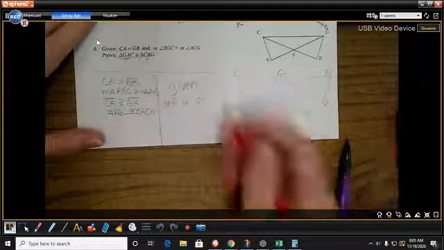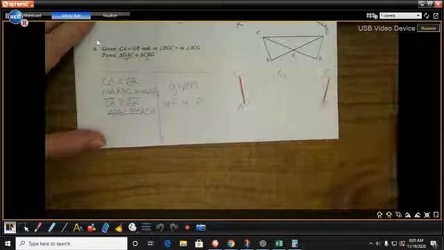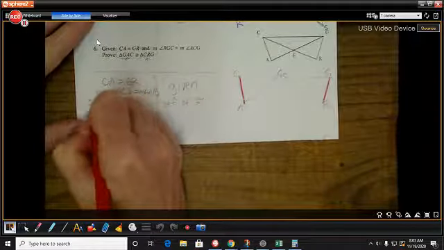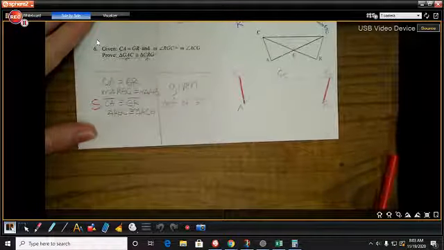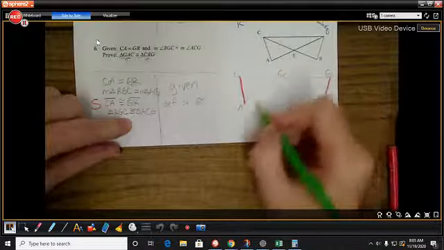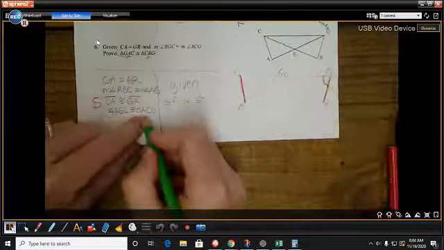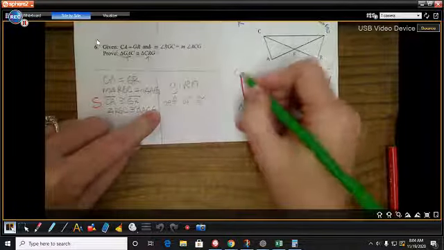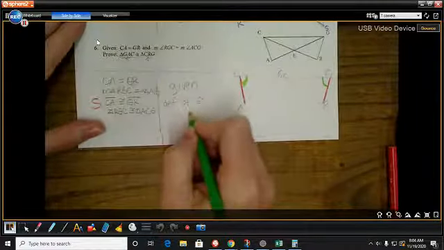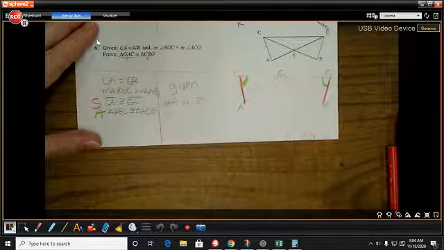So now I have that segment CA is congruent to segment GR by the definition of congruence, and that is giving me a side on each of my triangles. Then I have said that angle RGC is congruent to angle ACG, that's this guy right here, by the definition of congruence. That gives me an angle in each of these two triangles being congruent.